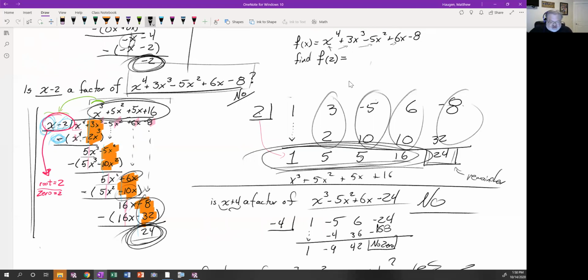Not hard to do, certainly doable, but it's a little bit of a process. Take a moment and do that. Plug that 2 in for those x's and find that value f at 2, either by hand or use your calculator or whatever tool you'd like.